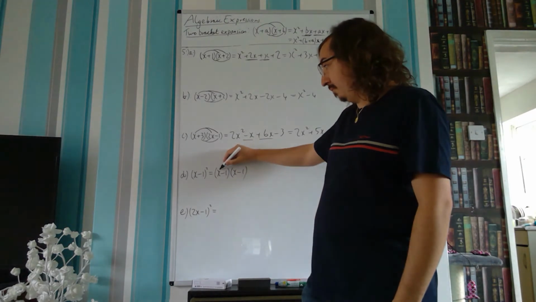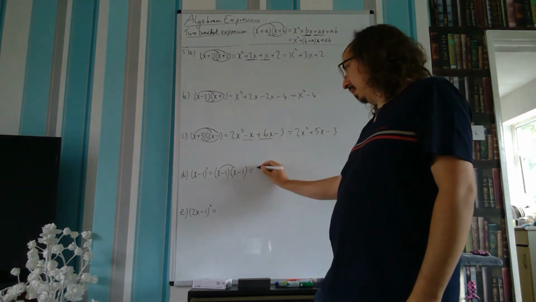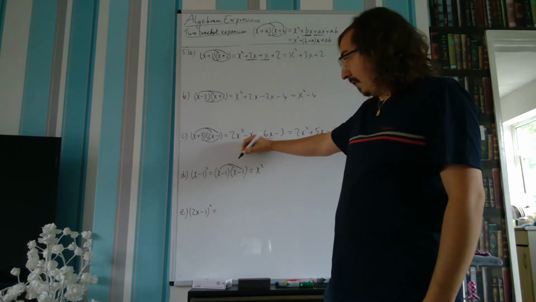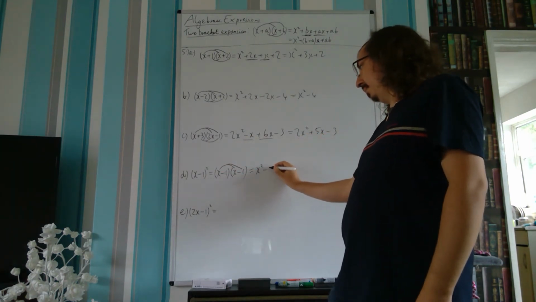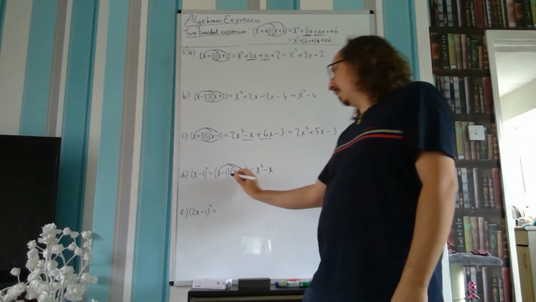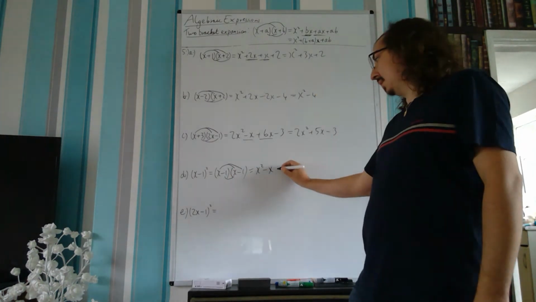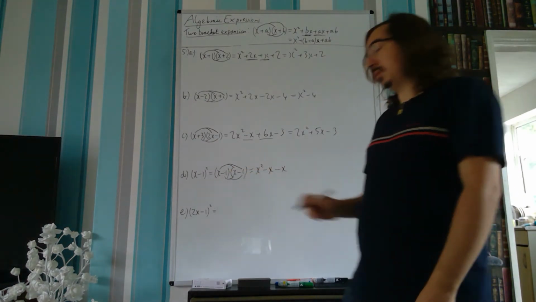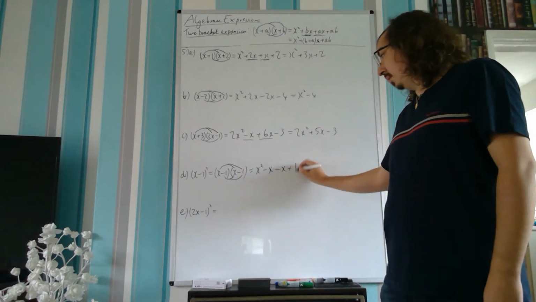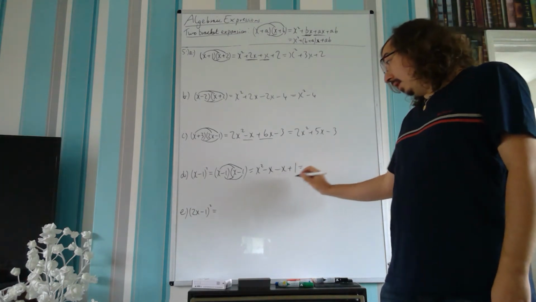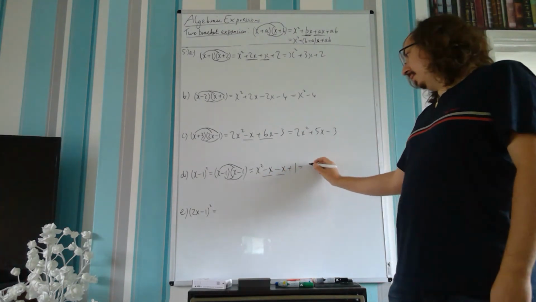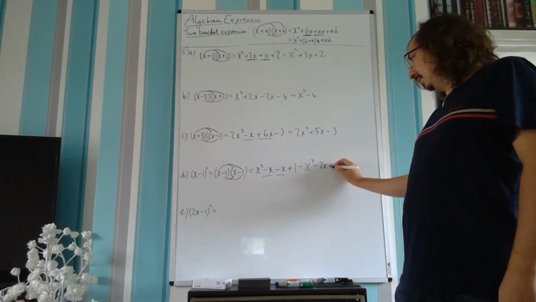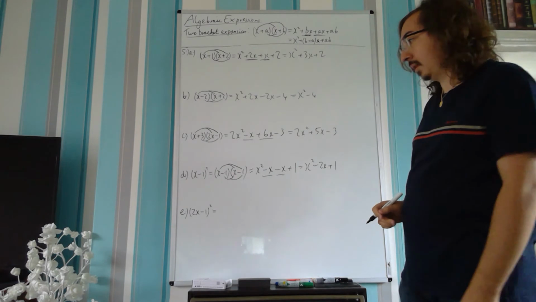So using the FOIL, we have x times x, which is x squared. Then we have our outer, so x times minus 1, which is minus x, the inner, minus 1 times x, which is also minus x, and then the last term is minus 1 times minus 1, plus 1. Collecting our like terms together, we have x squared minus 2x plus 1.